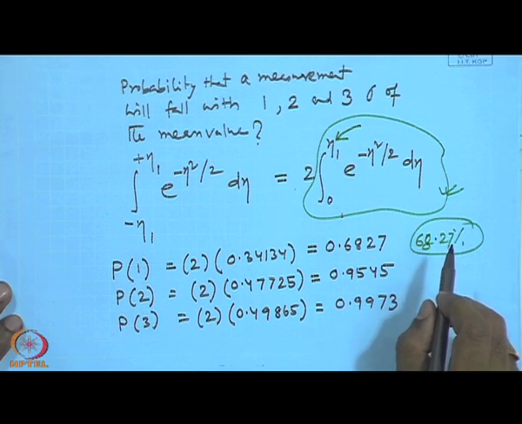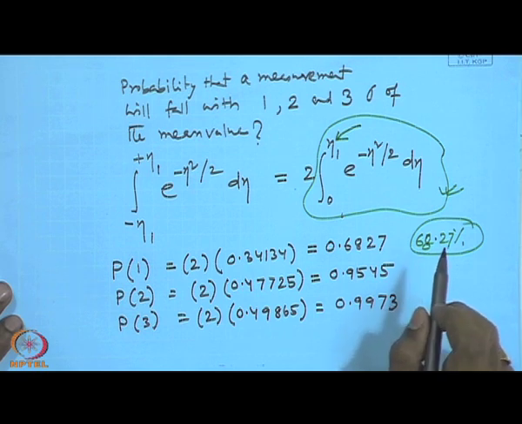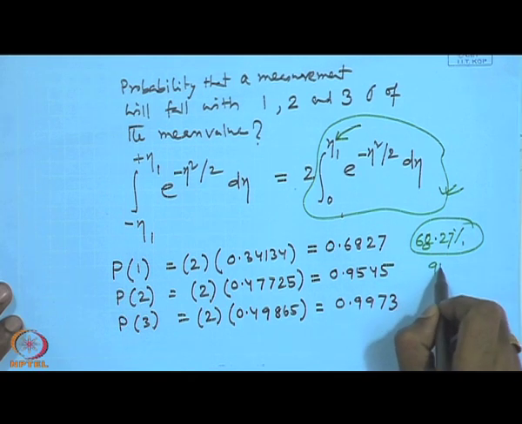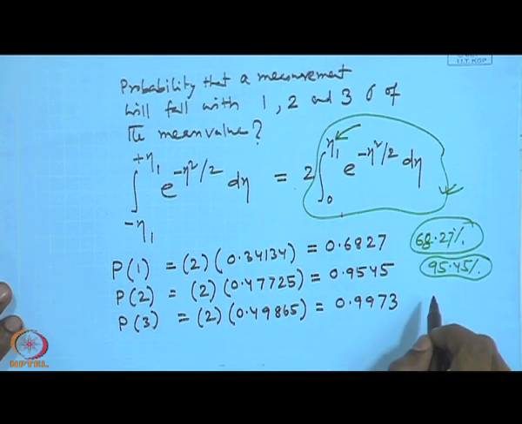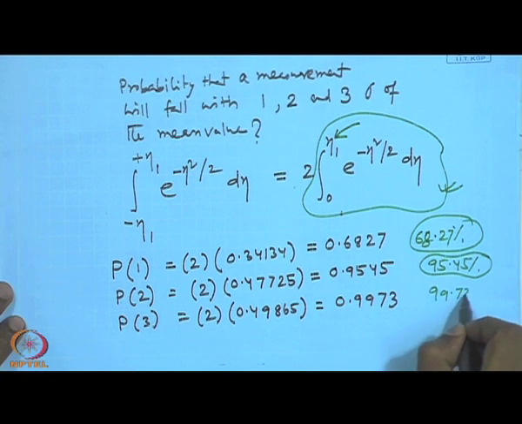Similarly, the probability that a measurement will fall within 2 sigma of the mean value is 95.45%, and the probability that a particular measurement will fall within 3 standard deviations of the mean value is 99.73%.